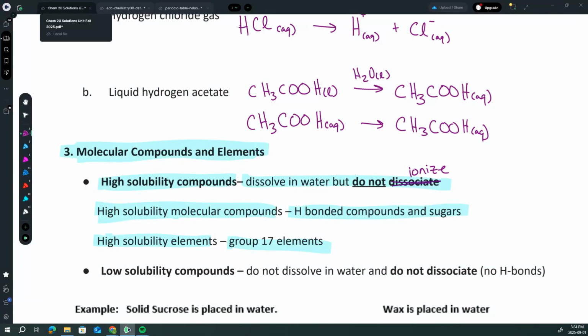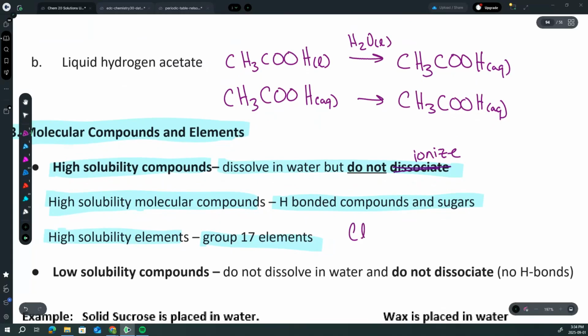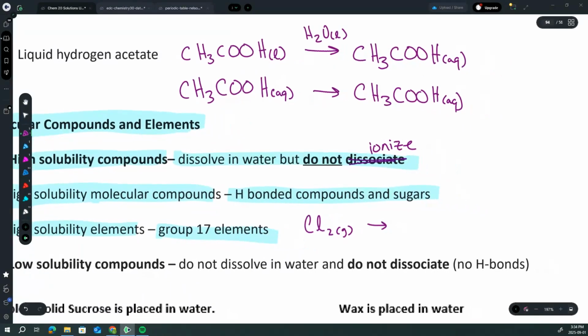So for example, let's say we had chlorine gas. Chlorine is part of Hofbrinkel, so it's a diatomic element. Let's say we bubbled some chlorine gas through water. How we would represent what's happening to the chlorine gas is, because it's a group 17 element, we would say it dissolves in water.